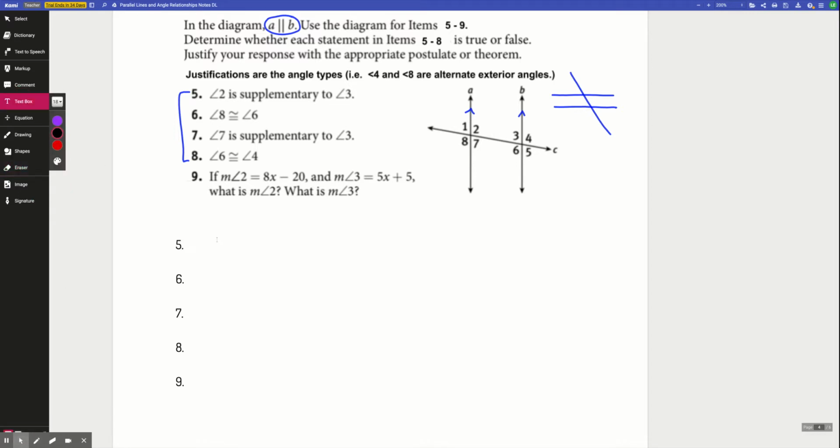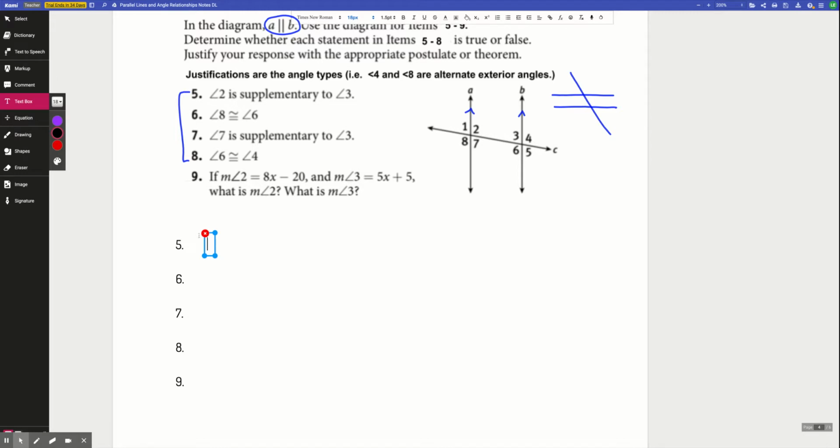We have to look at the relationship they state and figure out if that statement matches the angle relationship for those two angles. I'm going to do an example for you here. Number 5 says angle 2 is supplementary to angle 3.